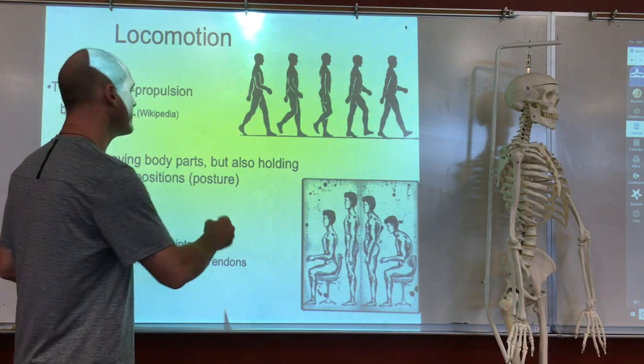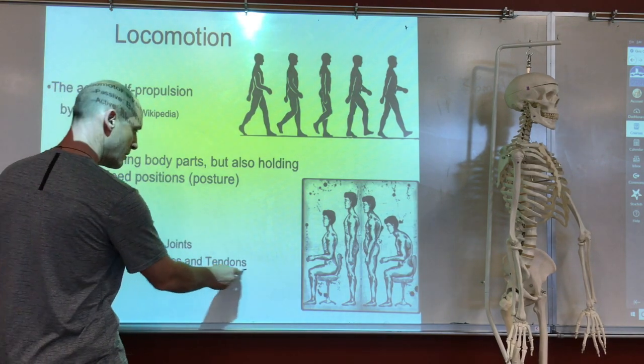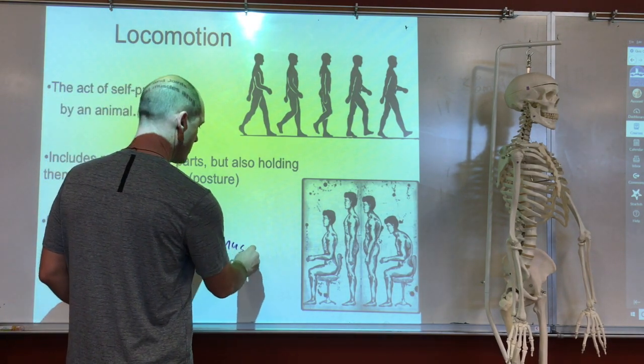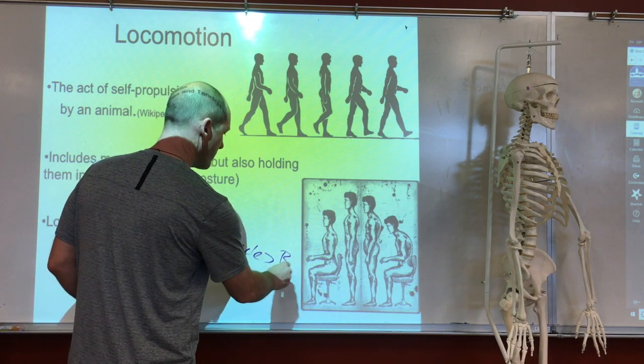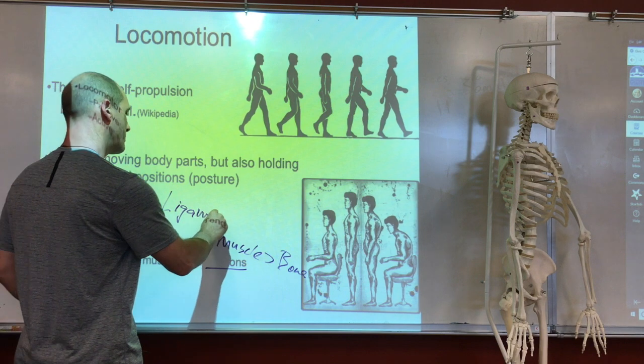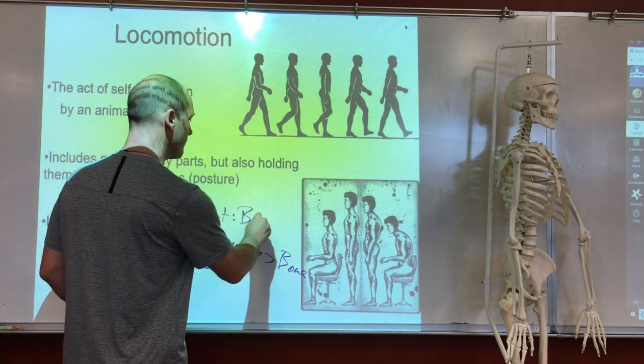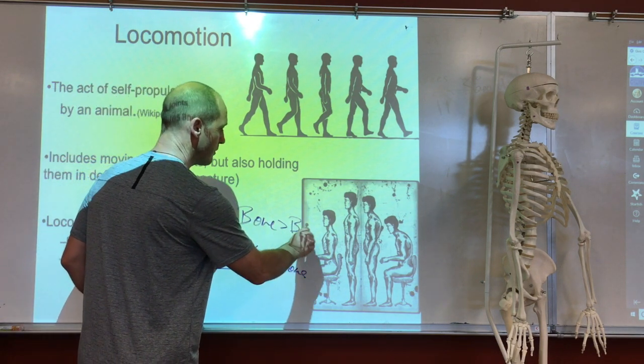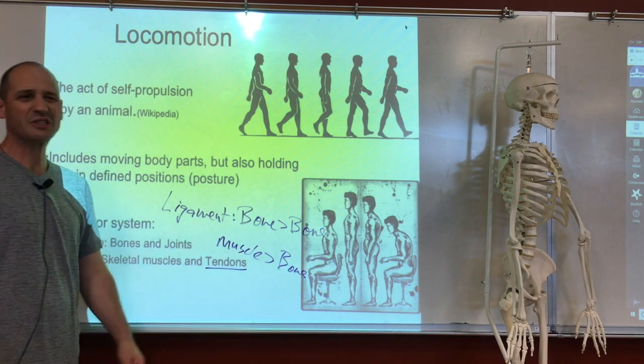Did that come up here in the video? So tendon is muscle to bone, and ligament is bone to bone, because to your eye, it looks similar.